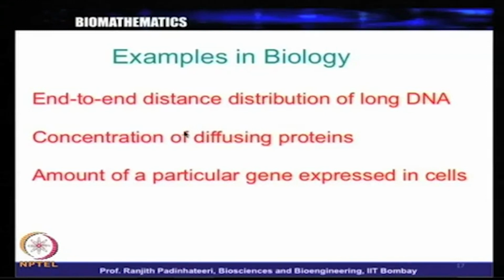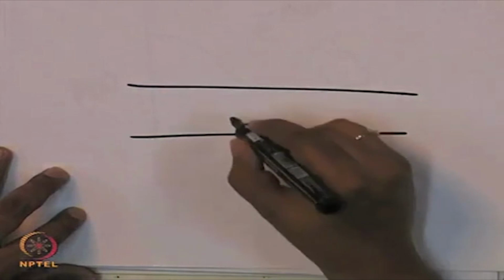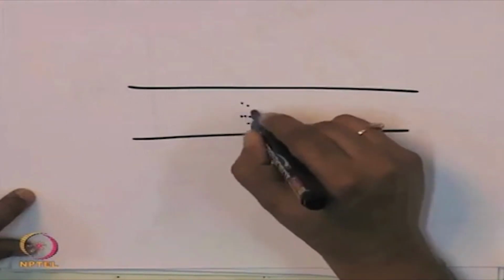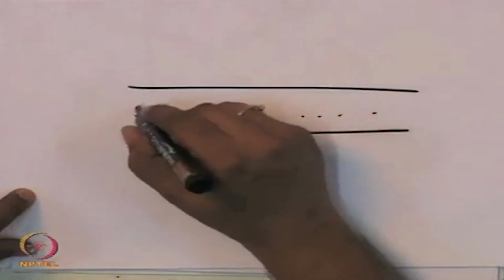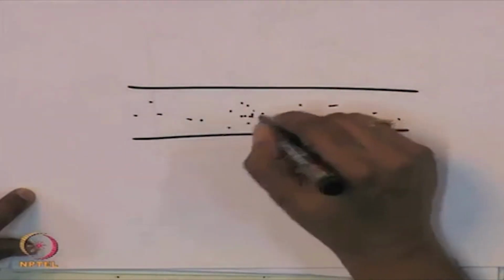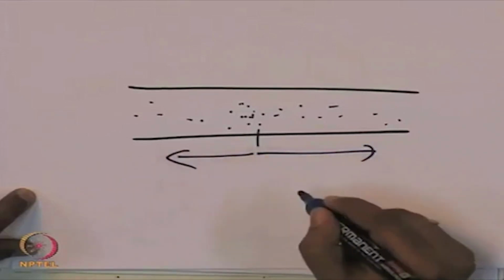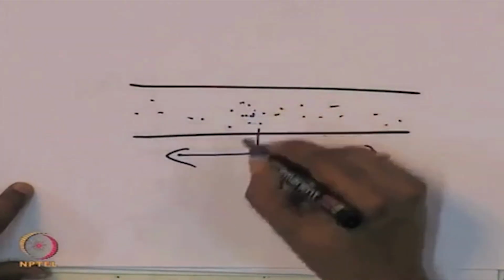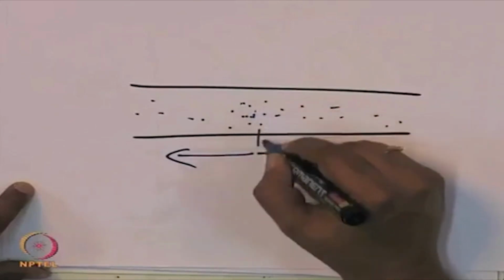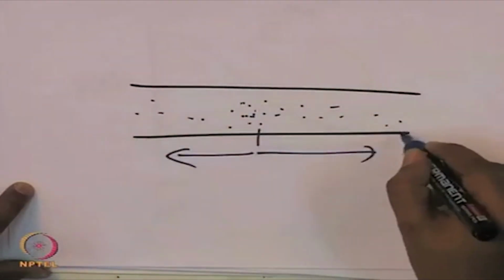So, when we discussed the concentration diffusion example, we said that if you have a tube and you look at a particular time, how many proteins are there as a function of distance, going from x equal to 0 either way, there is a large number of proteins at the middle of the tube and fewer proteins at the end of the tube.